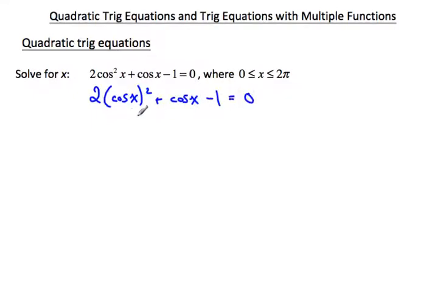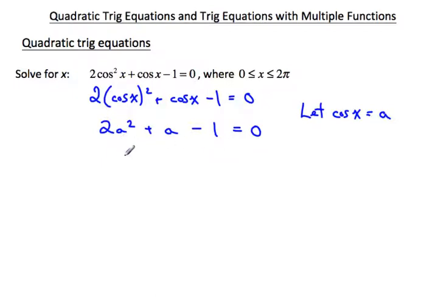If we write it out this way, we can see that cosine x is itself the variable of a quadratic function. If that's hard to see, let's let cos x be equal to a new variable a. If we do that, then this becomes 2a squared plus a minus 1 is equal to 0. And now it looks like a very familiar quadratic equation.